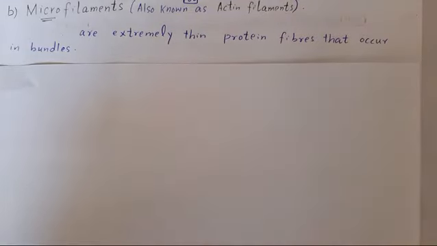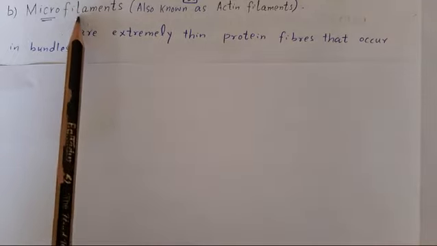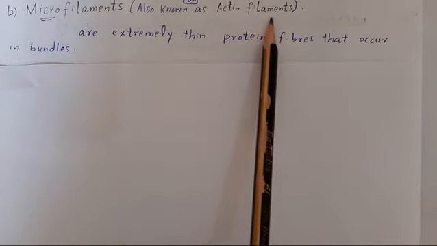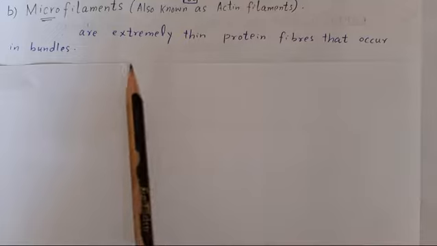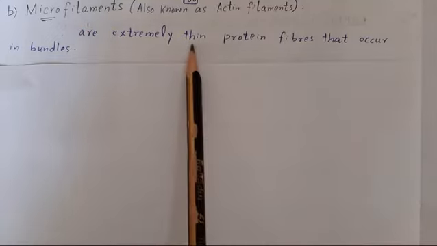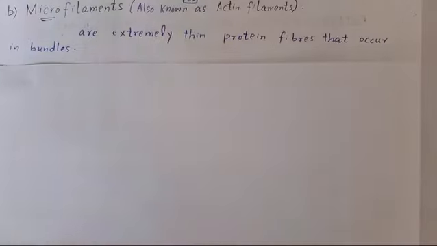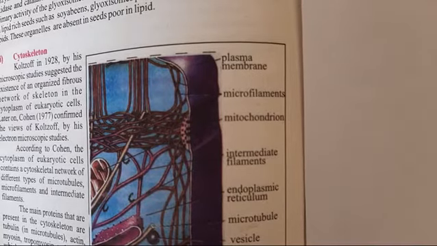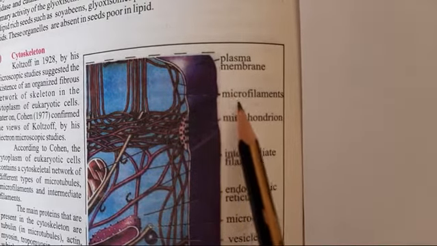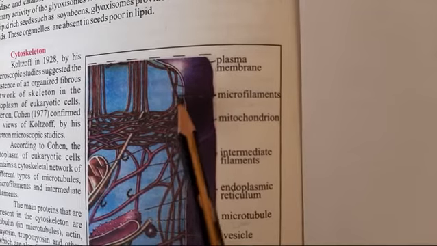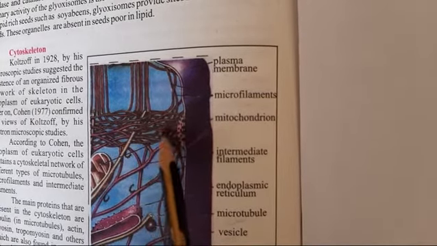Another type of cytoskeleton fibers are microfilaments, also known as actin filaments, as they are made up of actin proteins. Microfilaments are extremely thin protein fibers that occur in bundles. Again, if you look into this diagram, these are microfilaments and they usually occur in bundles.